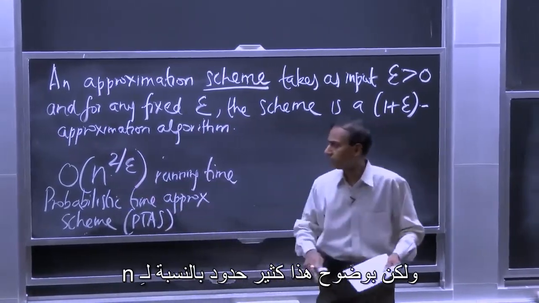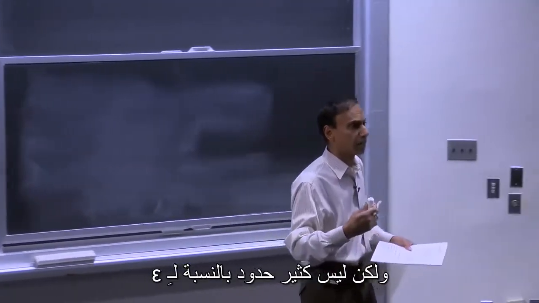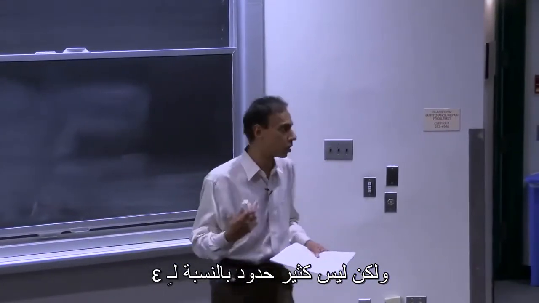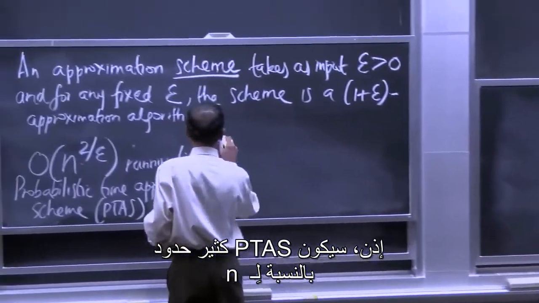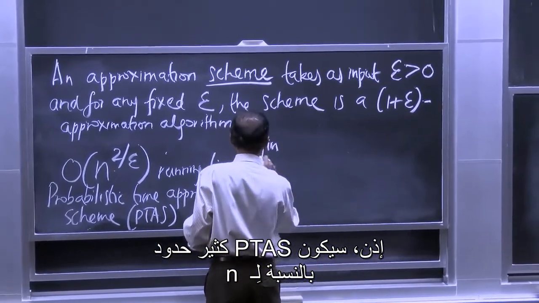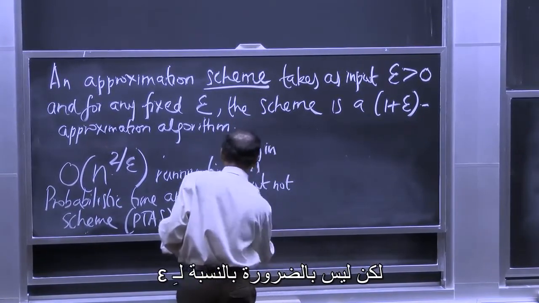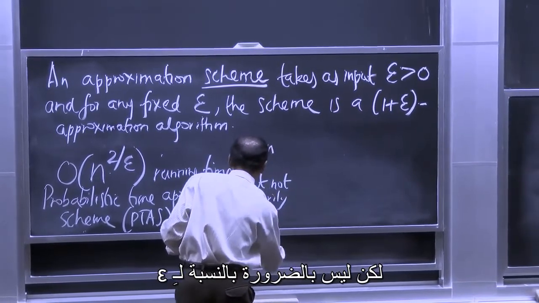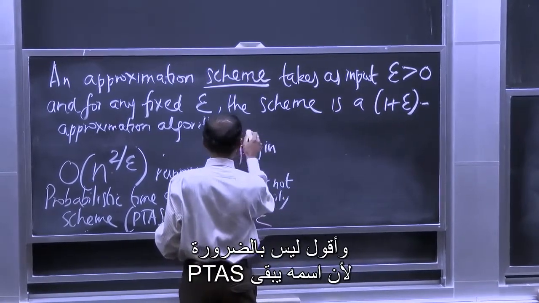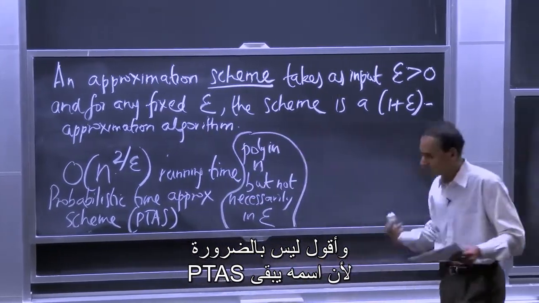But clearly, this is a polynomial in n, okay? But it's not polynomial in epsilon. All right. So a PTAS is going to be poly in n, but not necessarily in epsilon. And I say not necessarily because we still call it a PTAS.